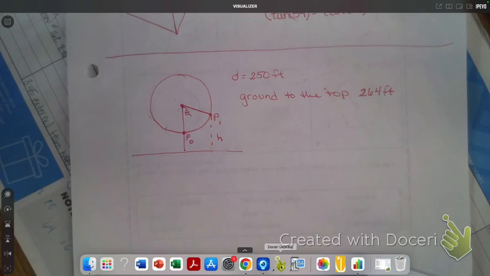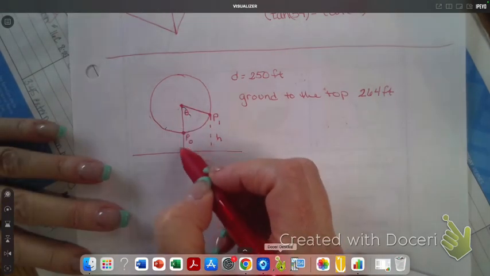Okay, so it wants h. So what are the things we know and are able to use? Right triangles, correct? What other shape should we be able to deal with? Circles, one other one. Rectangles. Okay, so circles, triangles, rectangles, we should be able to deal with very proficiently, yes? So in this picture, I have this polygon right here, don't I?